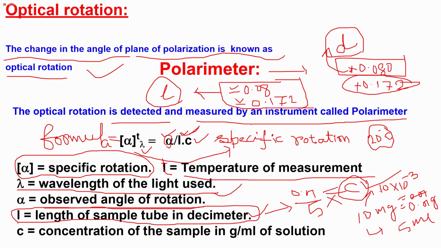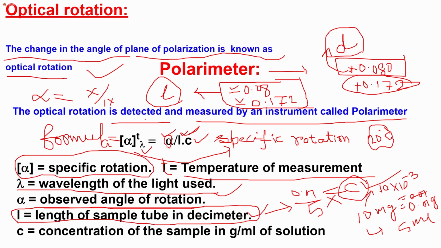Let's say we want to determine the alpha value. The observed angle of rotation is, let's say, X, divided by L. L is, let's say, 1 decimeter for the sample tube.